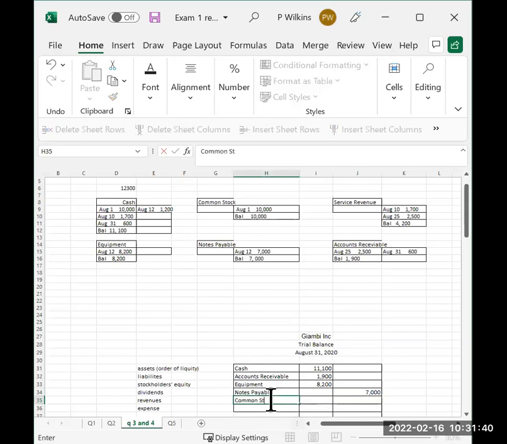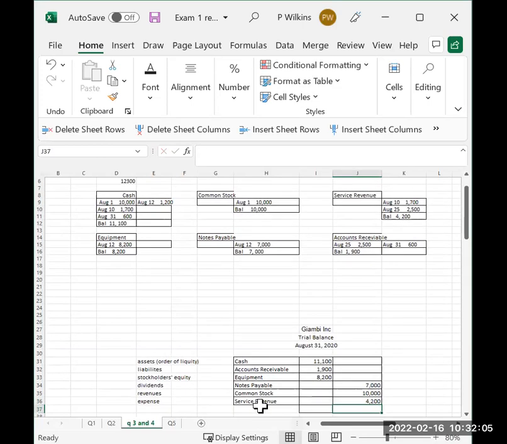So we do common stock, 10,000, credit. Next would be dividends, but we don't have any dividends. So after dividends would come revenues, and we do have service revenue. And service revenue is 4,200.